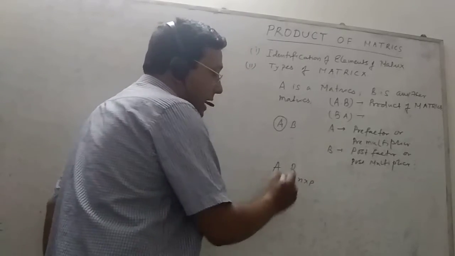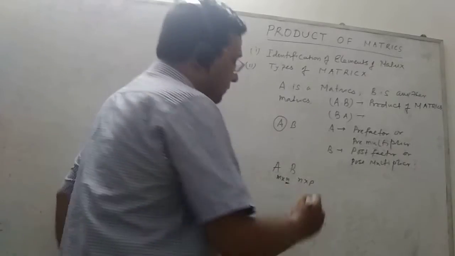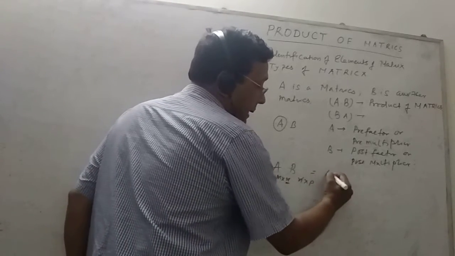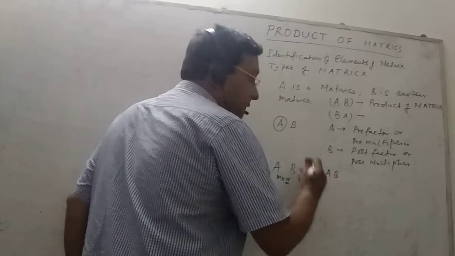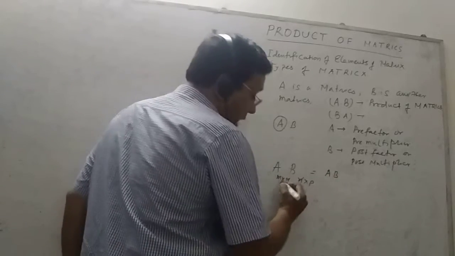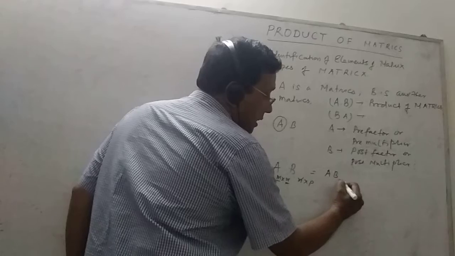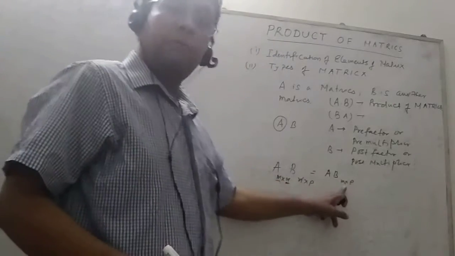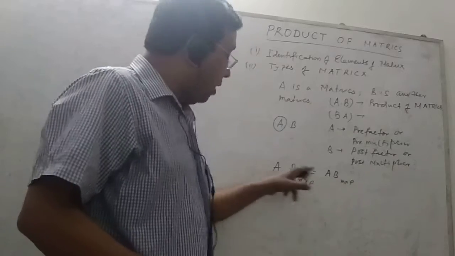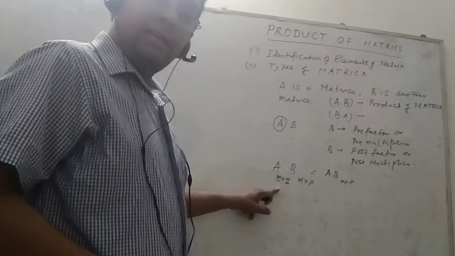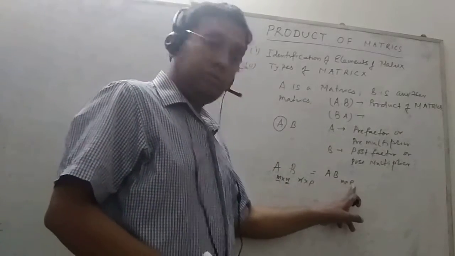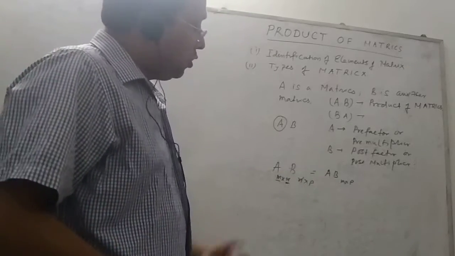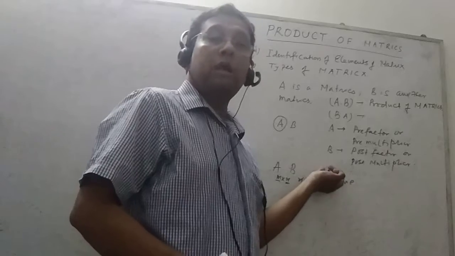If I multiply this, you cancel this n, and you get the AB product, and the order will be m by p, that is m number of rows of matrix A, and p columns, that is the columns of the post factor B.